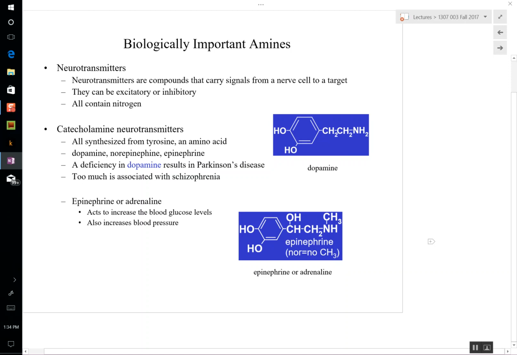All right, just to show you the breadth of molecules that are biologically active that are amines. Dopamine, neurotransmitters, epinephrine or adrenaline, norepinephrine. Norepinephrine would have a hydrogen here instead of a methyl group. It's a whole lot like this, except it doesn't have that OH right there. These are all neurotransmitters.